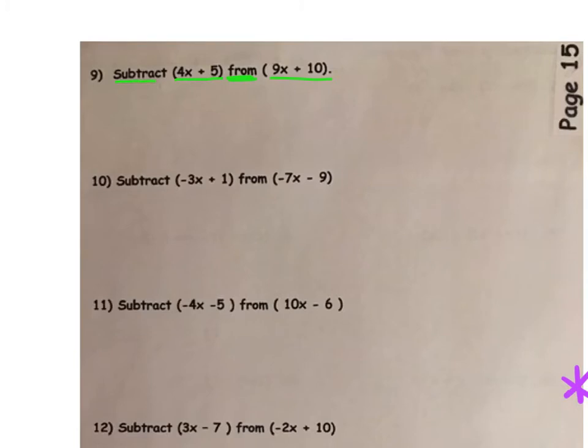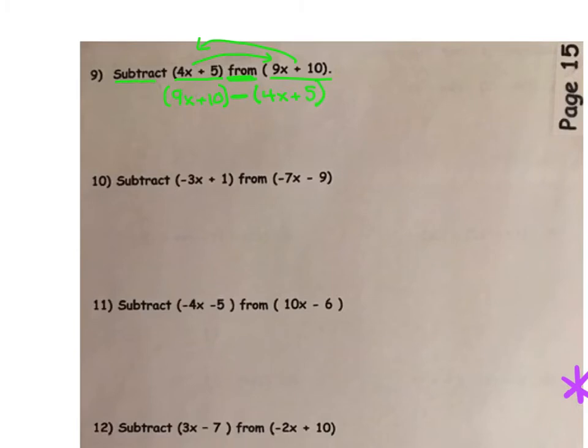Well, as we translate into mathematical symbols, we're going to experience that slight translation glitch, and we're going to have to do the from flip. We are taking the 9x plus 10 and subtracting from it the 4x plus 5.